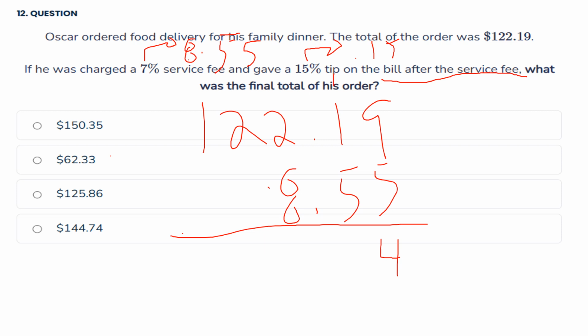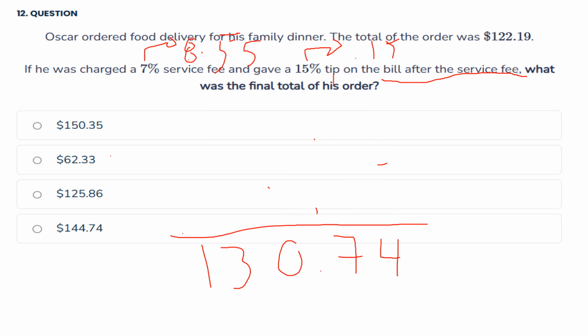Carry the 1. 1 plus 1 is 2, plus 5 is 7. I can put my decimal point there. 2 plus 8 is 10. I carry the 1. 1 plus 2 is 3, and 1 plus 0. So at this point, before the tip is factored in, it's $130.74.